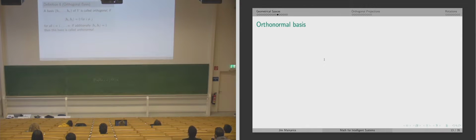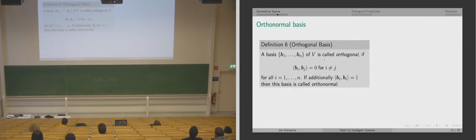Orthonormal basis. So we have the definition of an orthogonal basis. That is that the inner product between two basis elements is necessarily 0 if these two basis elements are different.